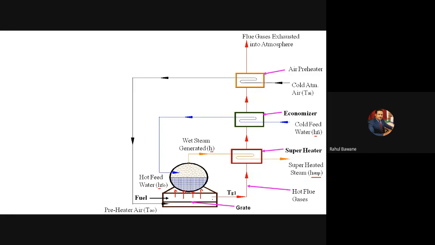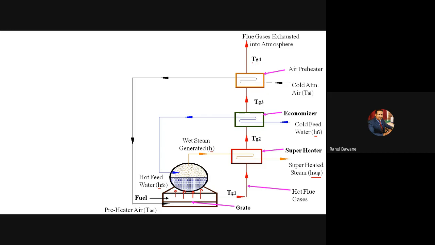Regarding exhaust gas temperatures: whatever exhaust gases leave the boiler, the temperature is denoted by TG1. After the superheater, its temperature is reduced because some heat is supplied to superheat steam, so it becomes TG2. After the economizer, its temperature is reduced again and becomes TG3. And finally, after the air preheater, its final temperature will be TG4.